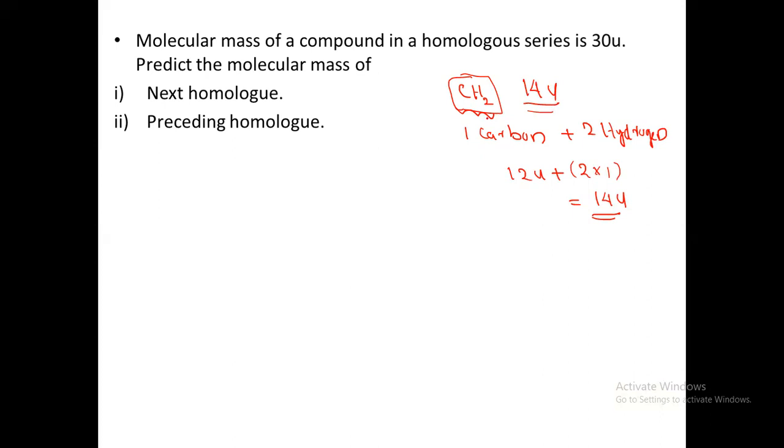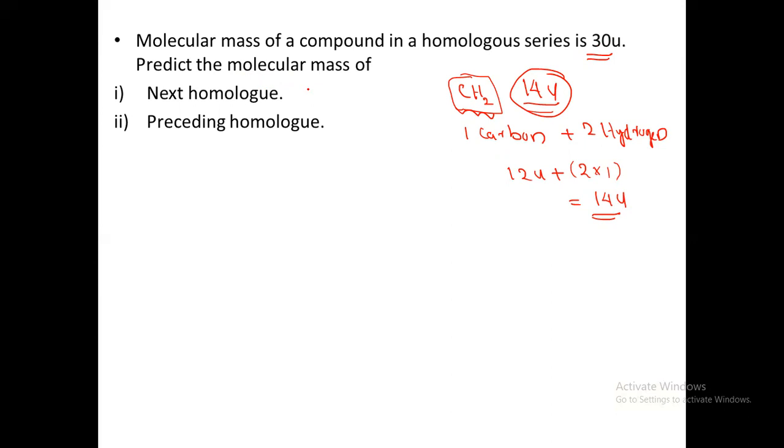So if in the homologous series the individual members differ by CH2, it means the difference in molecular mass of their adjacent members should be 14. So look at this question. The molecular mass of a compound in a homologous series is 30 U. What is the mass of the next homolog?